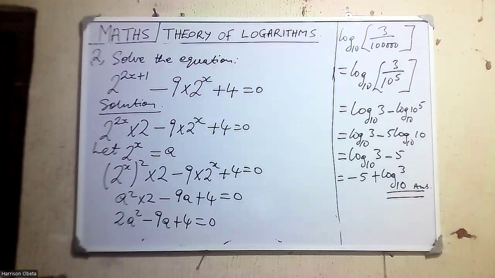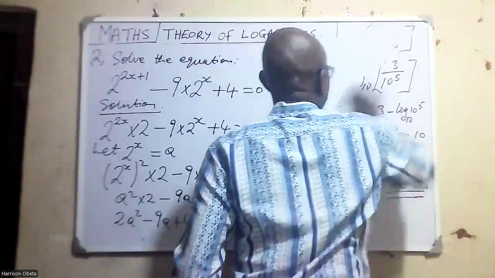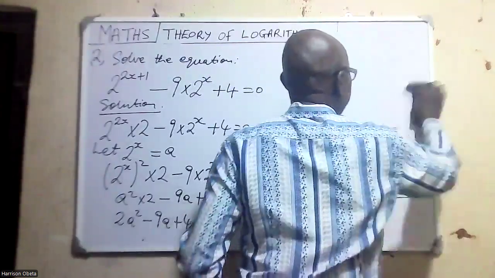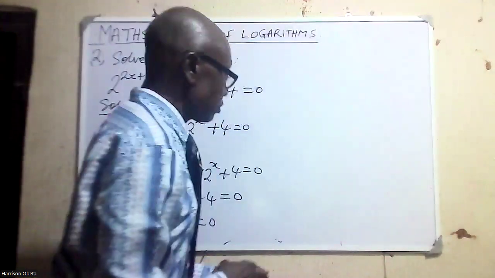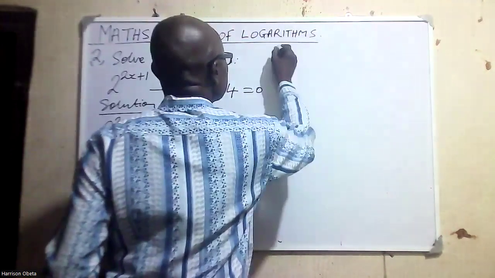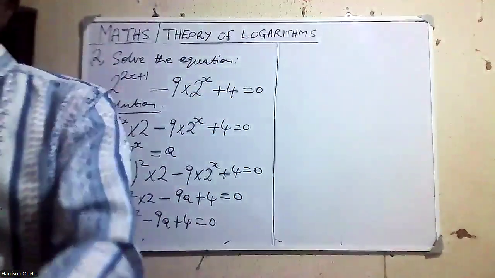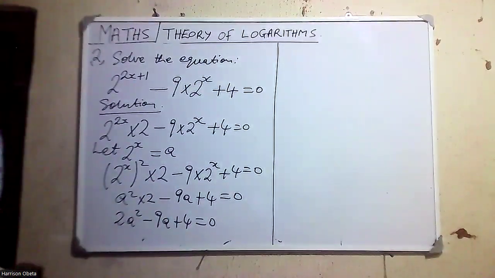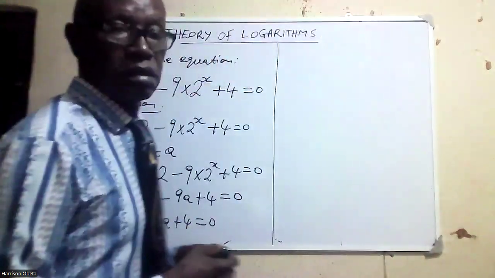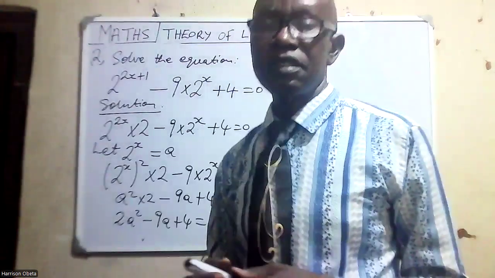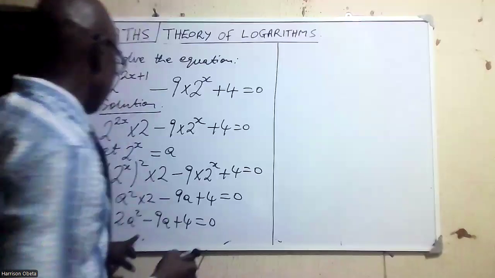So from here we can now factorize to get our answer. In this case, we have to think of how to factorize it, or you can use any of the other methods.